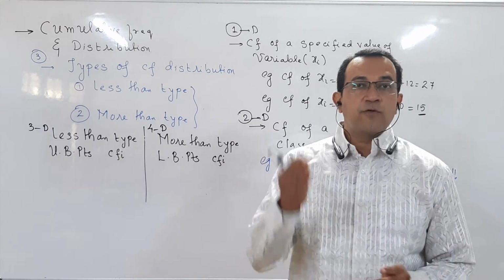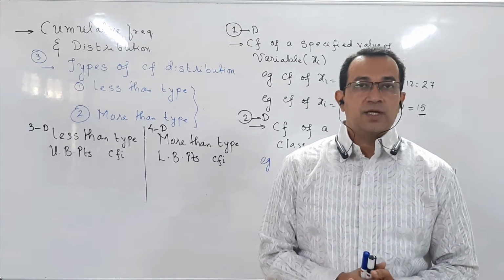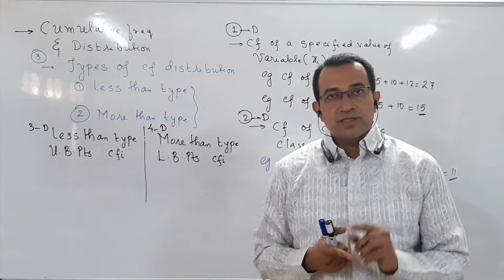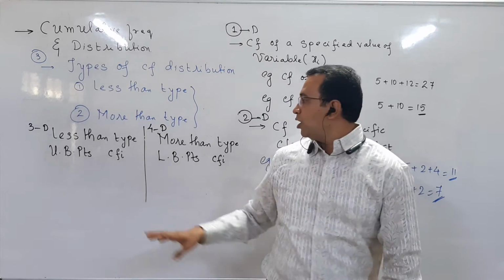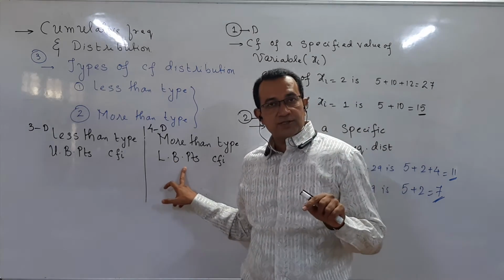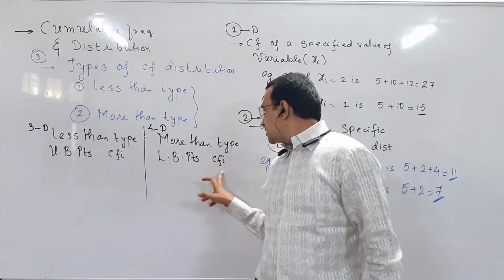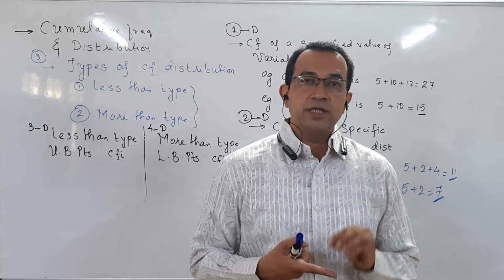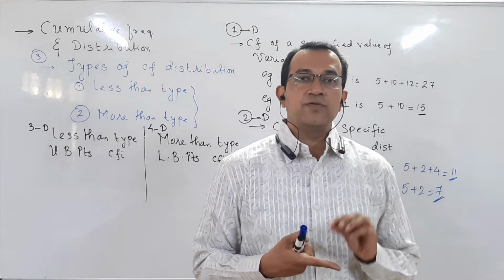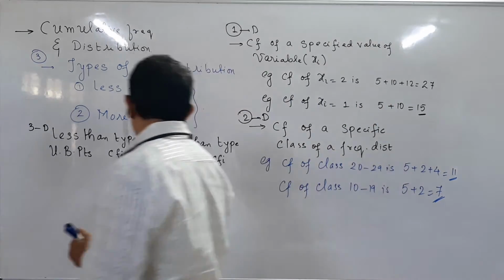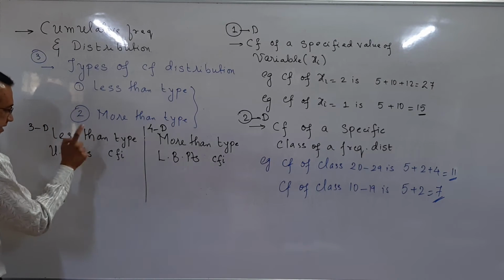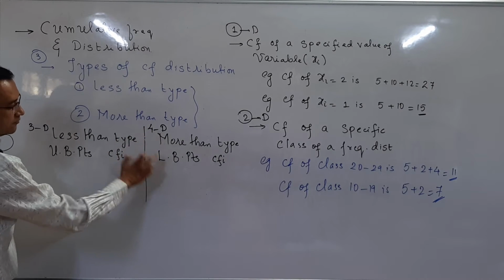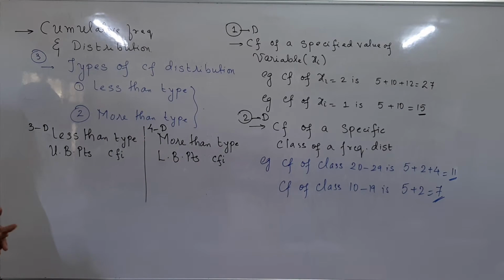So what is the fourth definition? More than type cumulative frequency distribution. Then the definition is a frequency distribution involving lower boundary points of classes and corresponding cumulative frequencies is called more than type cumulative frequency distribution. Remember opposite.